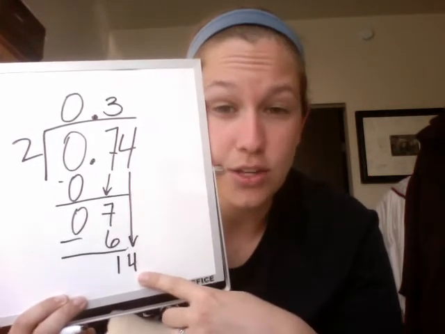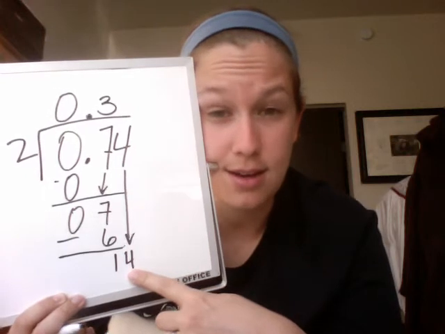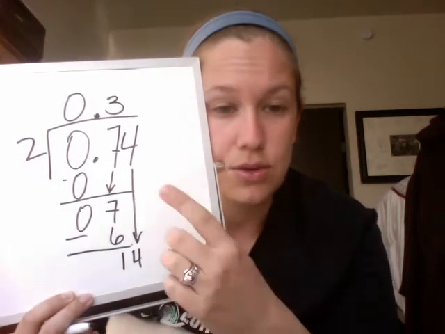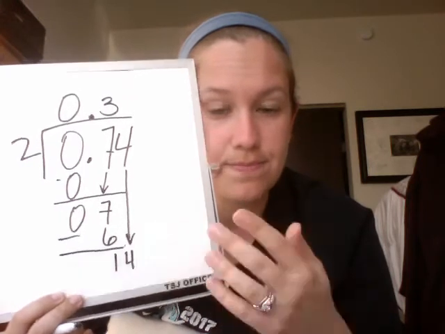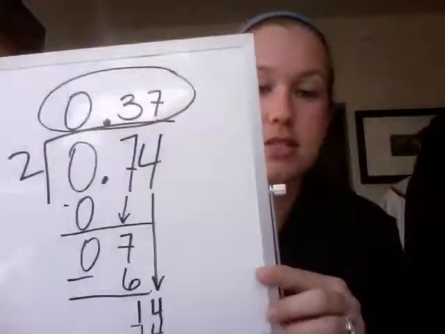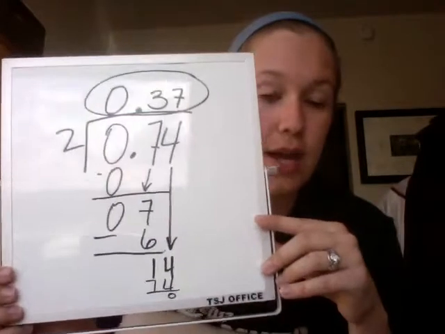So instead of 4 hundredths, I now have 14. Okay, so now how many times does 2 go into 14? 7. There it goes in my hundredths place up top. That makes my answer 0.37.